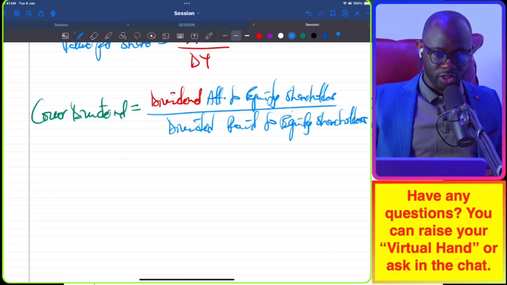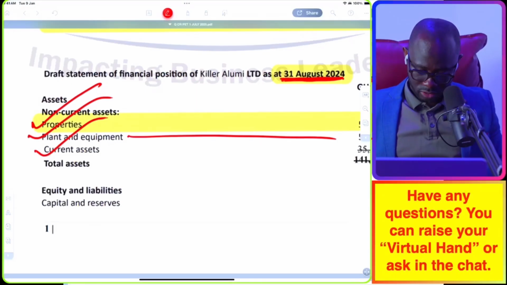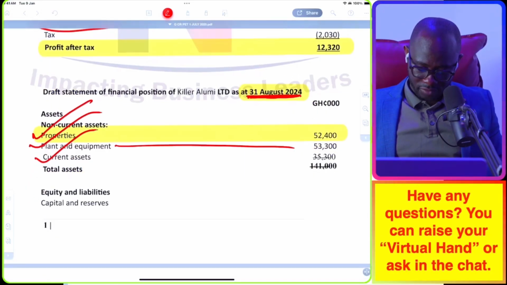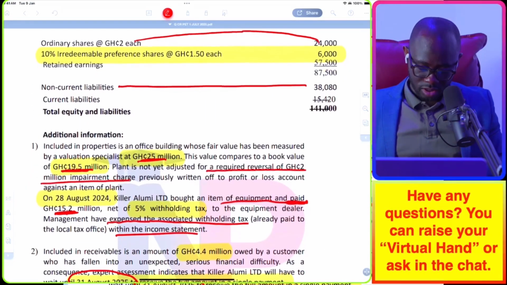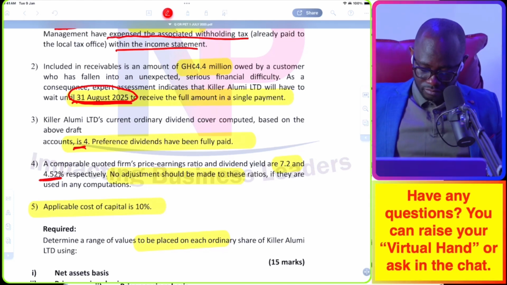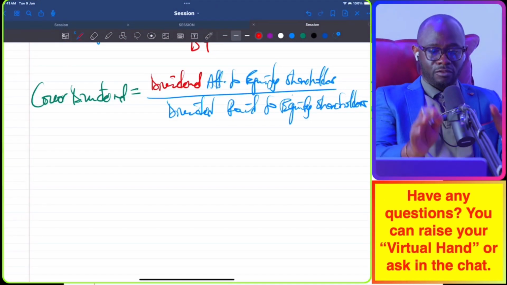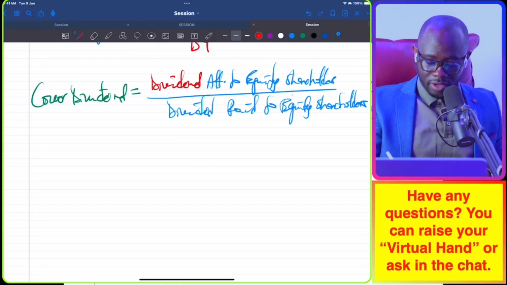Stay with me. So if we go to the question, were we given anything like dividend paid somewhere in the question? Nope. Okay, so let's go. So this is the formula for the dividend cover.